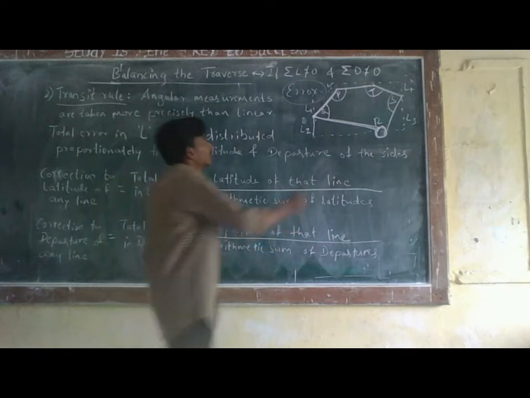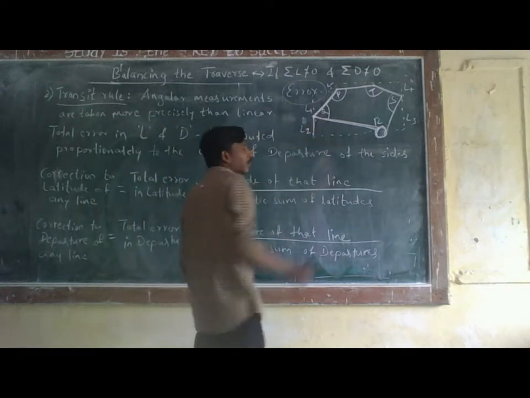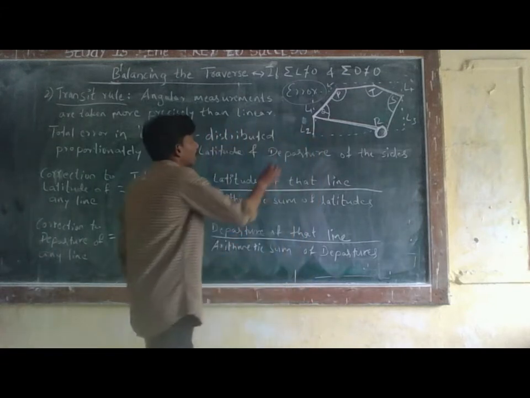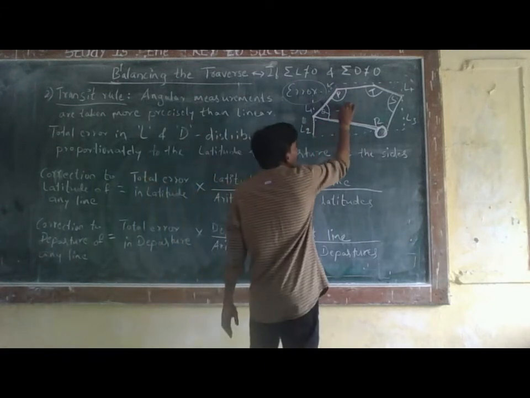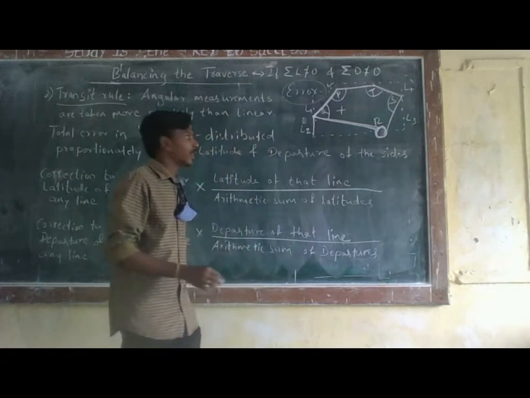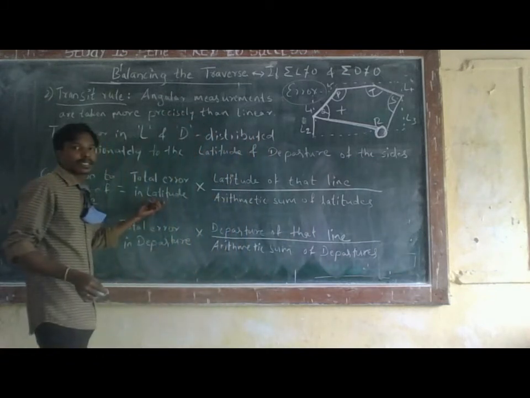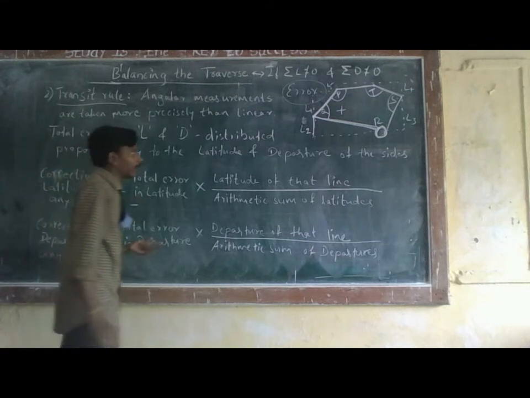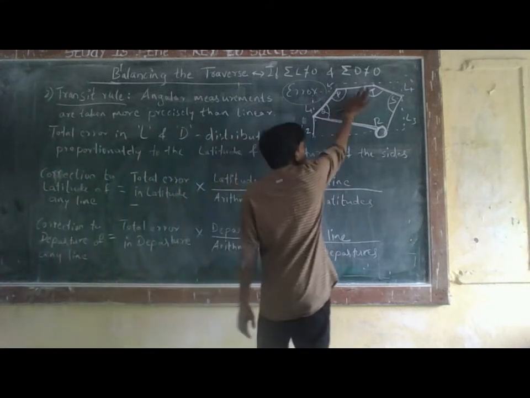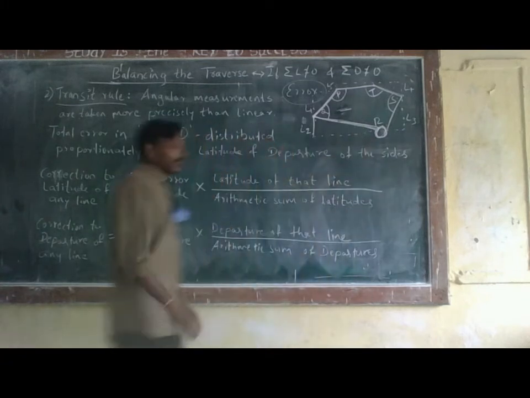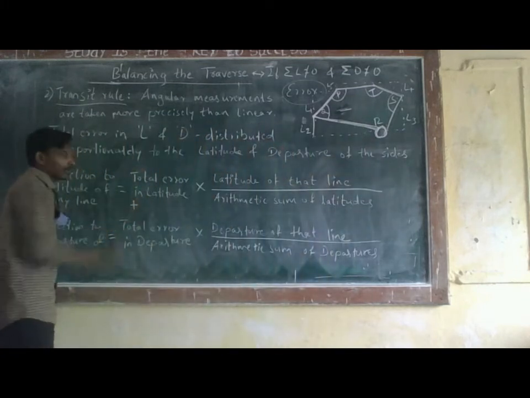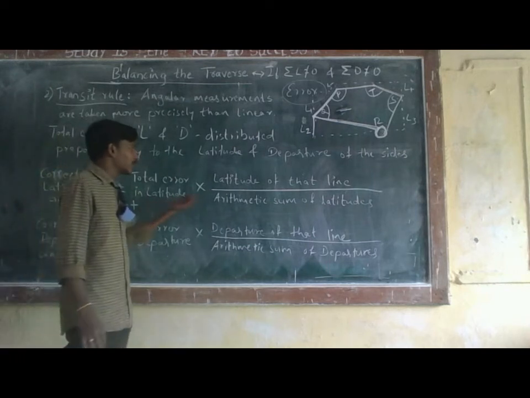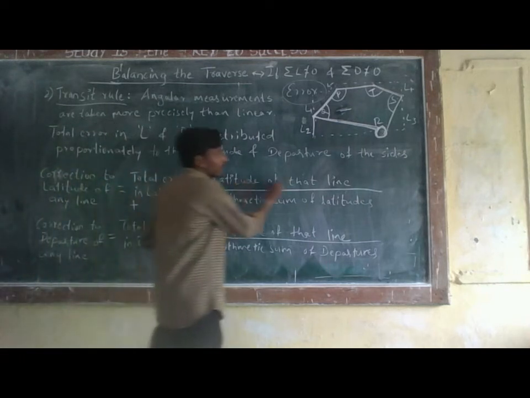If it is positive, then substitute it as negative, take the sign minus here, and if the value is negative, then take it as positive in the formula, and that error must be multiplied by the latitude of that line.